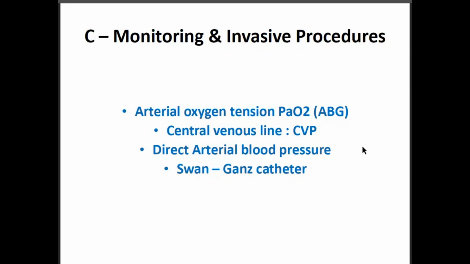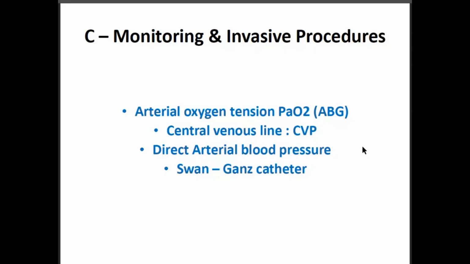The most important is the oxygenation. We can do ABG, arterial blood gas is the standard. If you don't have it, venous is okay. Next, central venous line, CVP, central venous pressure is important. Direct arterial blood pressure, if you have an arterial line, is very good.